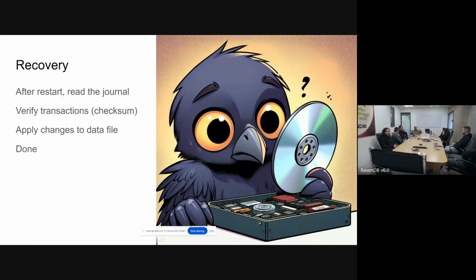When I read, the first thing that I read from the journal is the transaction header. This is a 64 bytes value, I think, or 128 bytes value, something like that, that says what data do I have in the transaction? How many pages? What are the page numbers? What is the transaction checksum? Because I do not trust the disk.